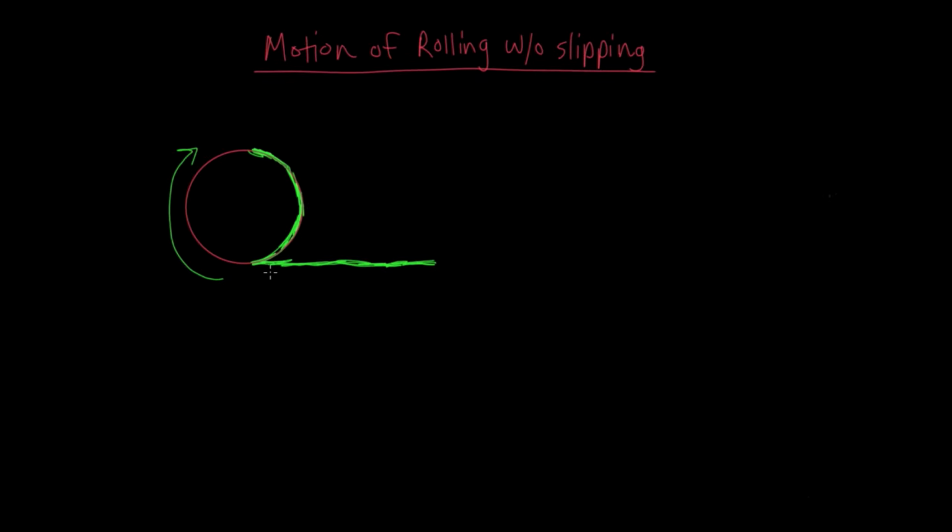So however much length of paint is on the surface right here, that's equal to the length of the paint on the surface of the ball, which is the arc length of the ball.